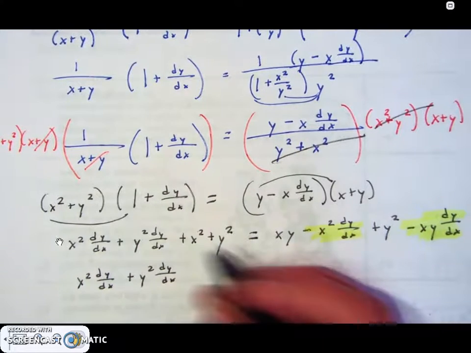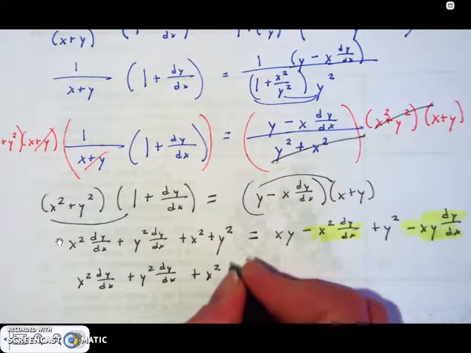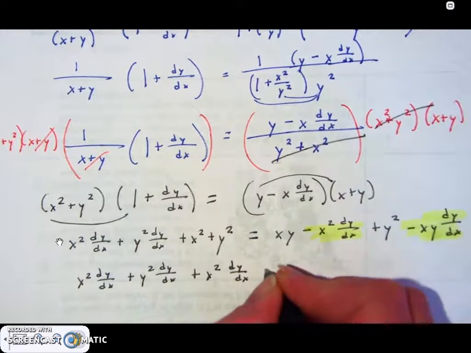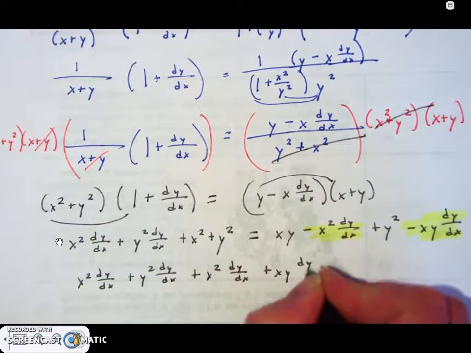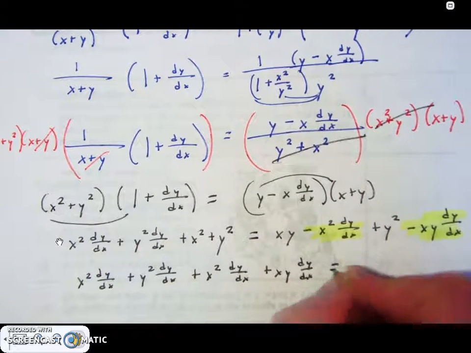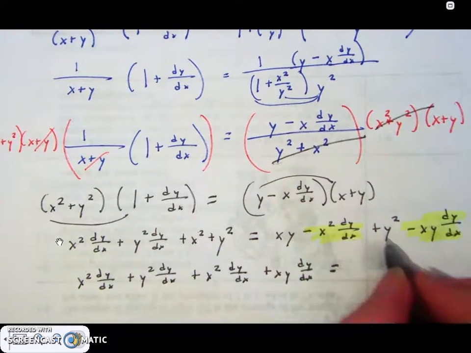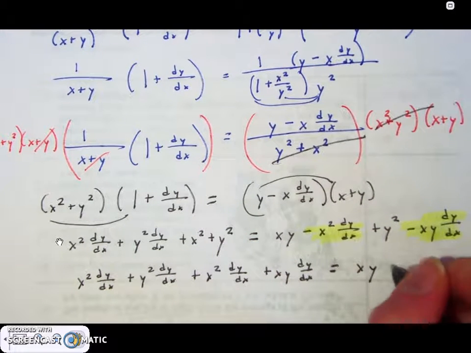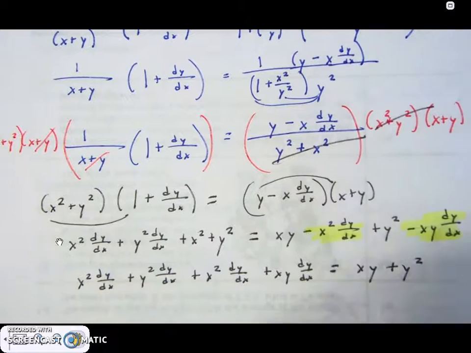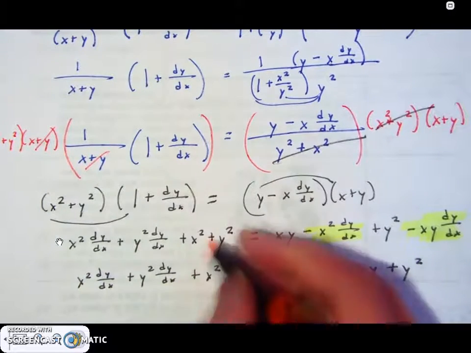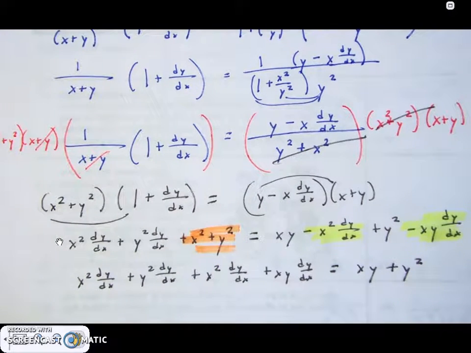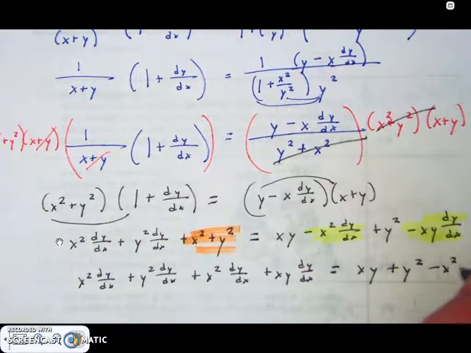So when I bring it over, it'll be plus x squared dy dx plus xy dy dx. And then on the right-hand side, I still have the xy and the y squared, and I need to move these guys over. So minus x squared minus y squared.